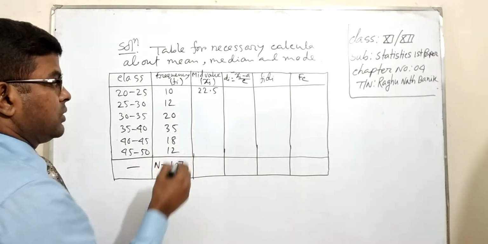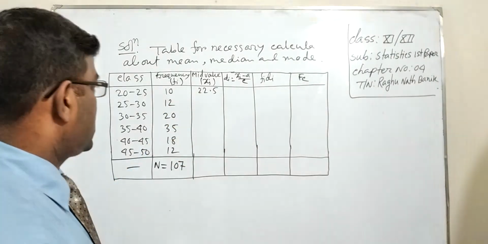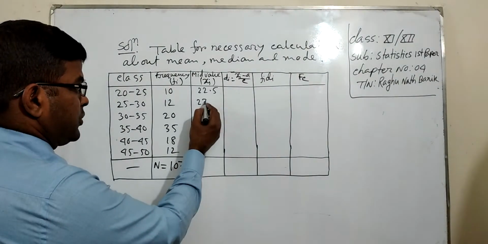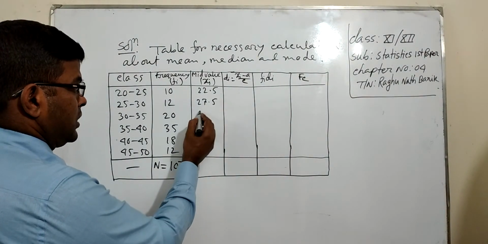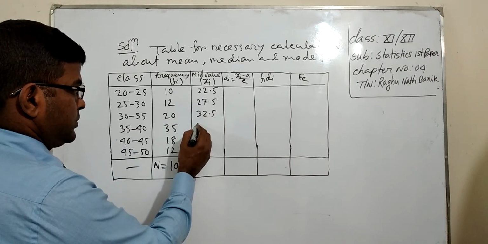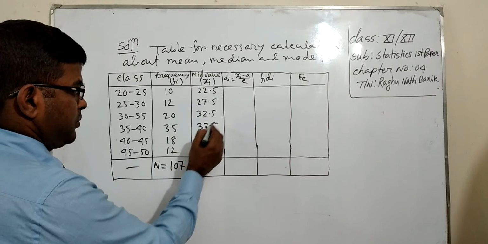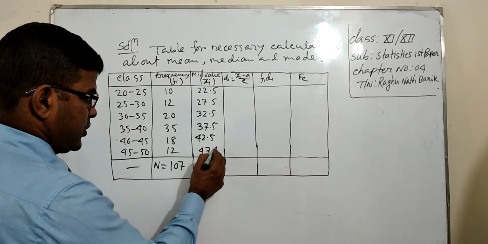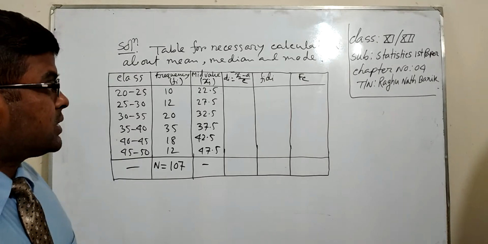Serially, adding the class interval 5: 27.5, 32.5, 37.5, 42.5, and 47.5.